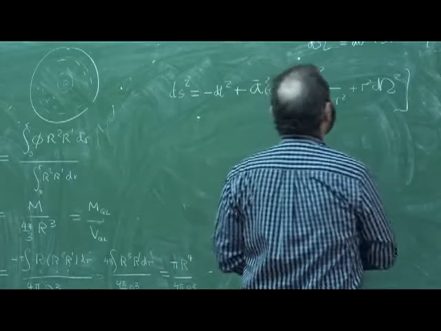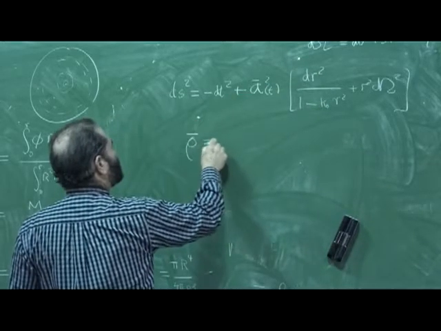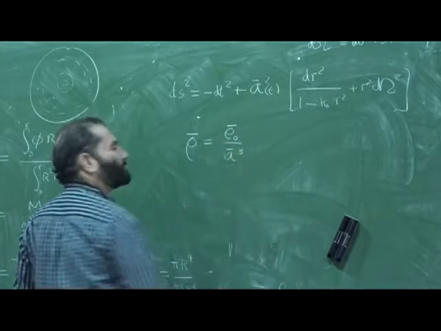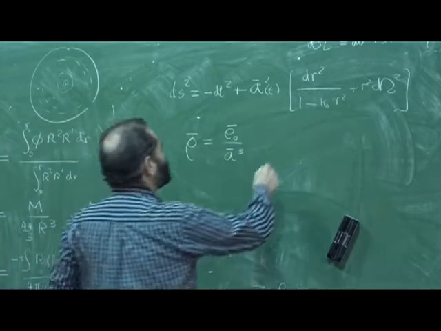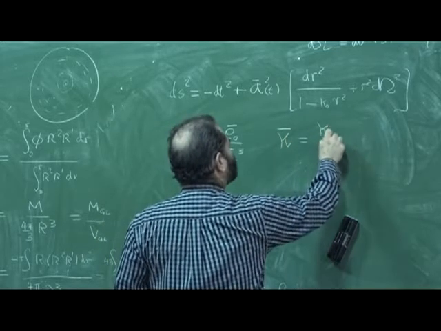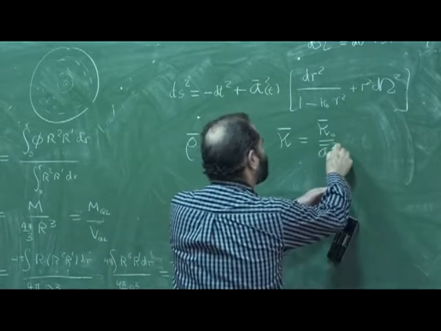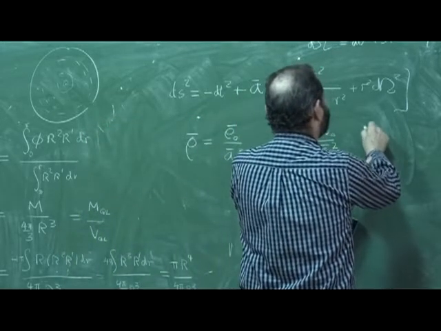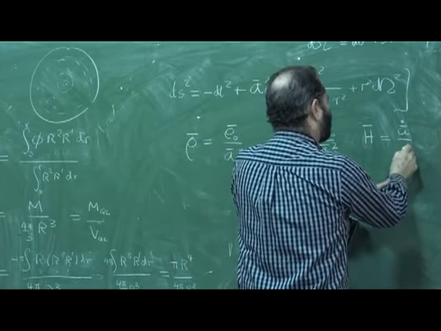So what's the density? The FLRW density is this. What is the spatial curvature? It would be this. And the Hubble factor, the Hubble scalar, is this.